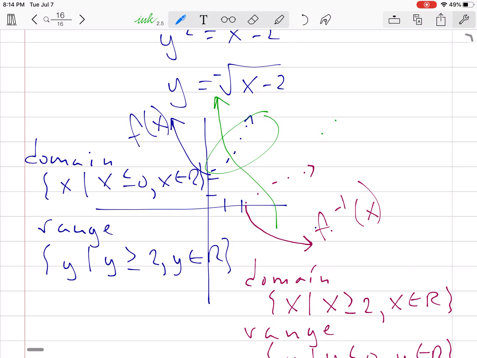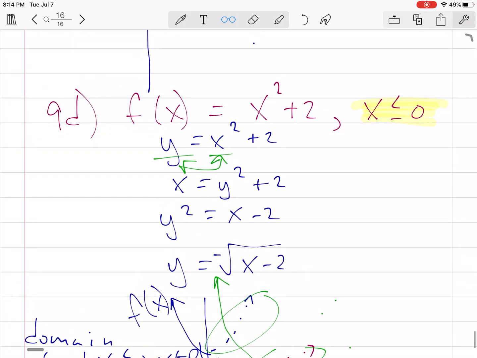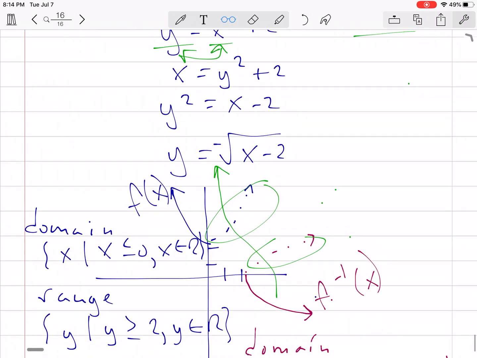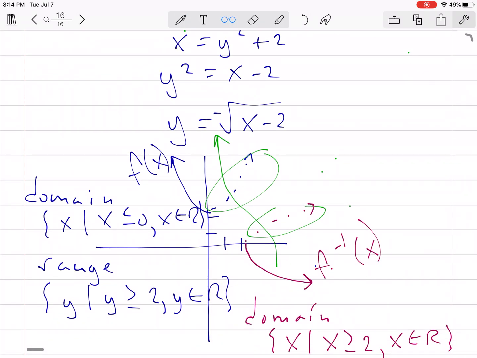The inverse should also be a parabola, but you're ignoring this part because the original function doesn't have that side. So you're taking the inverse of only the part of the original function that's present. Had this inequality not been there, you would have had two full parabolas, the one on the top and then the one on the side. I put the dotted line there to indicate where it should be, but it's not there because of that restriction.